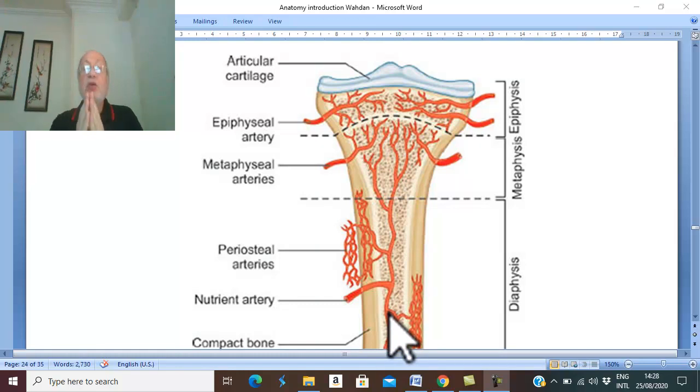Why? Because, always remember this, the direction of the foramen for the nutrient artery is the opposite direction of the growing end. The growing end in the humerus is the upper humeral epiphysis. This is the growing end.